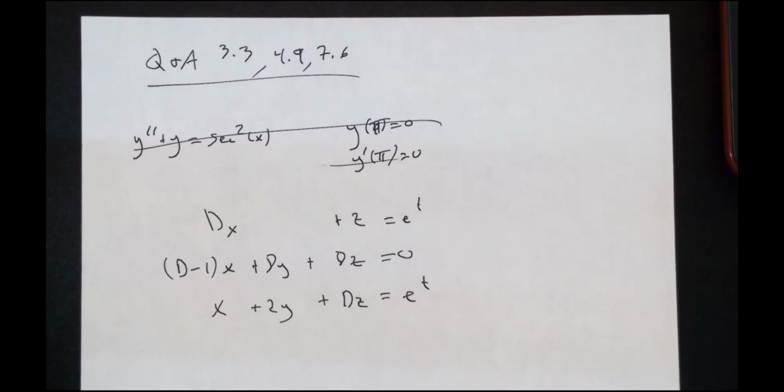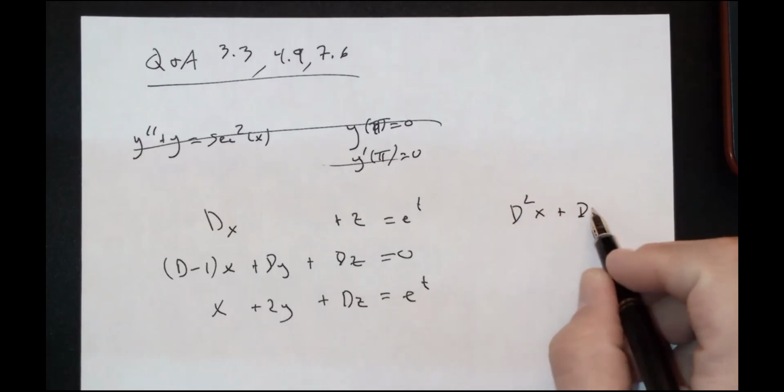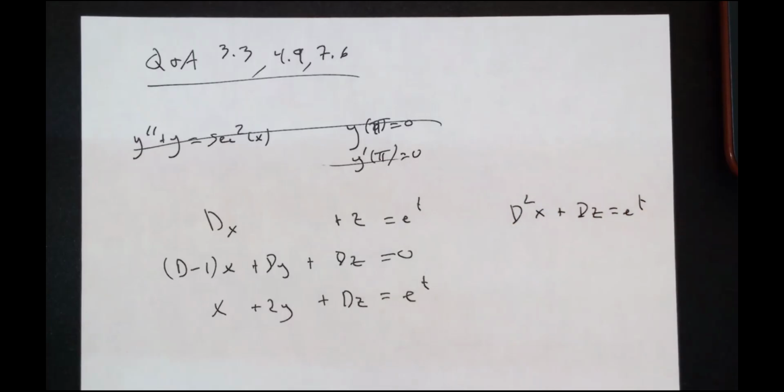Talk to me about what you did. I solved the first, right? I took the derivative of the first equation. So I get d squared x plus dz equals e to the t.